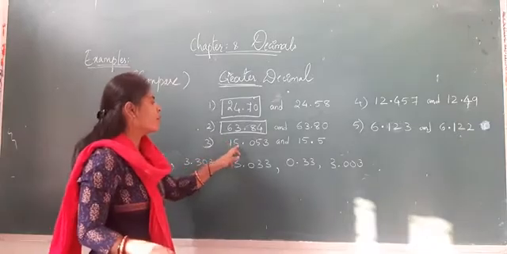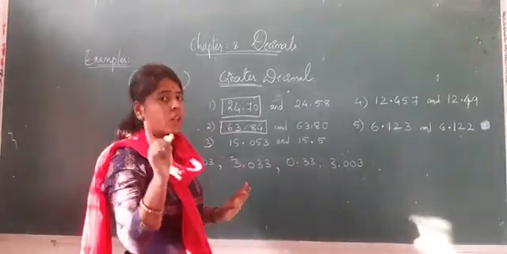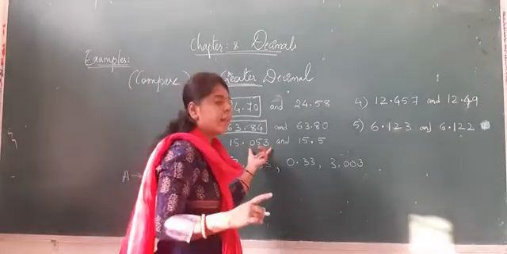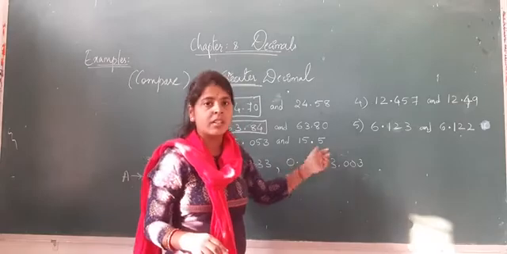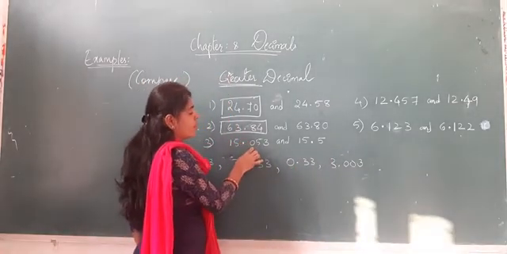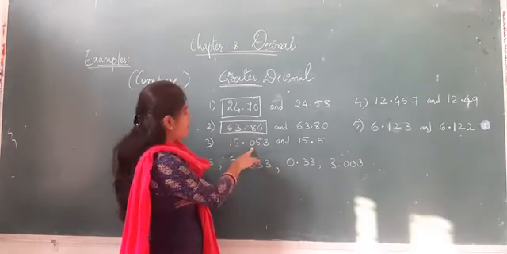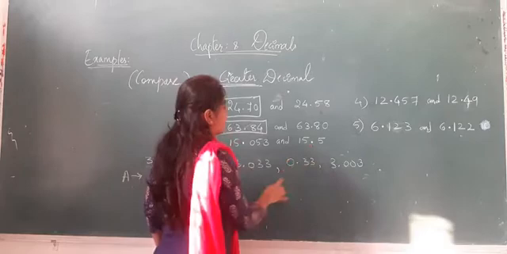Next, for 15.053 and 15.5, which is greater? Don't go by the number of decimal places. 3 digits are given, 1 digit is given. Don't go by that. Just go by the first place value after the decimal. So 15.053, 15.5.